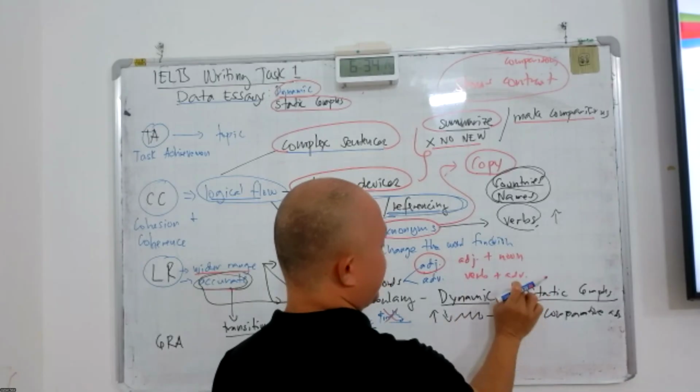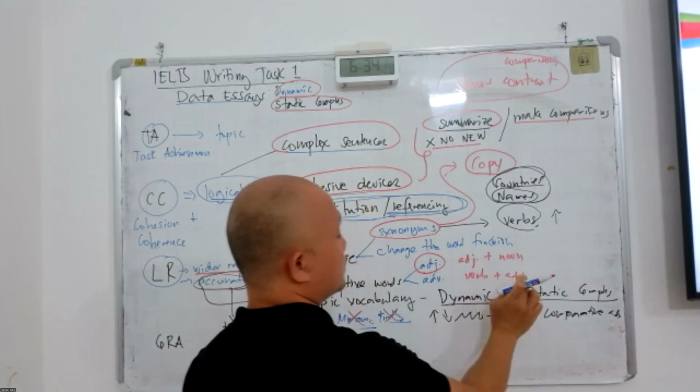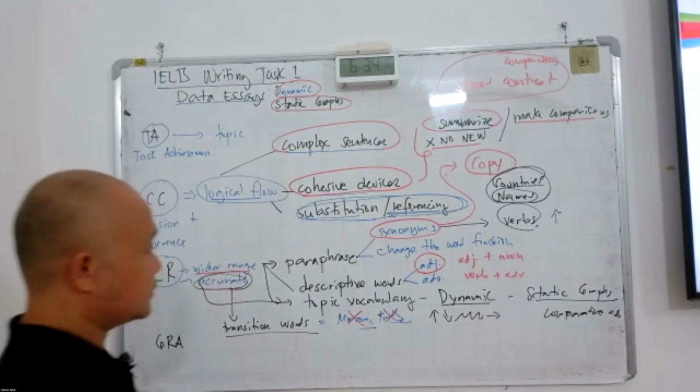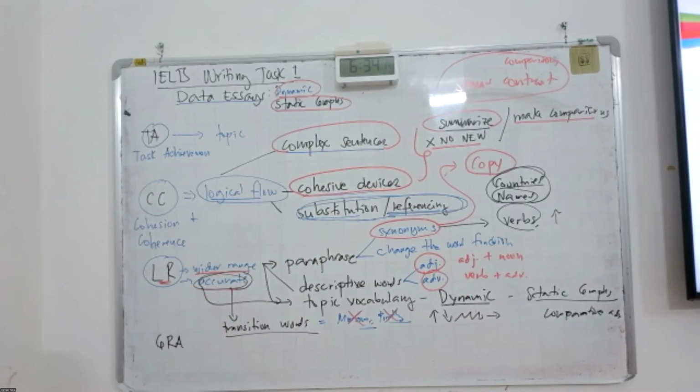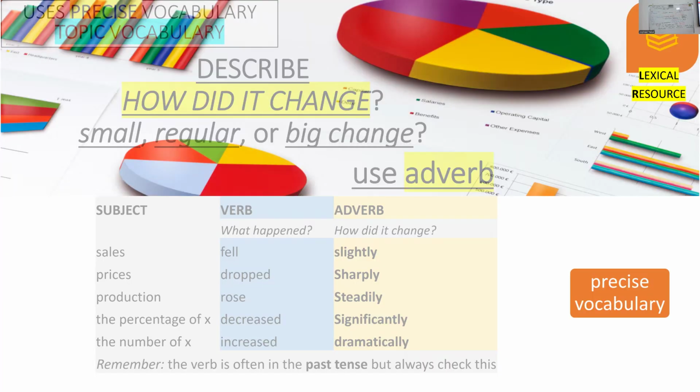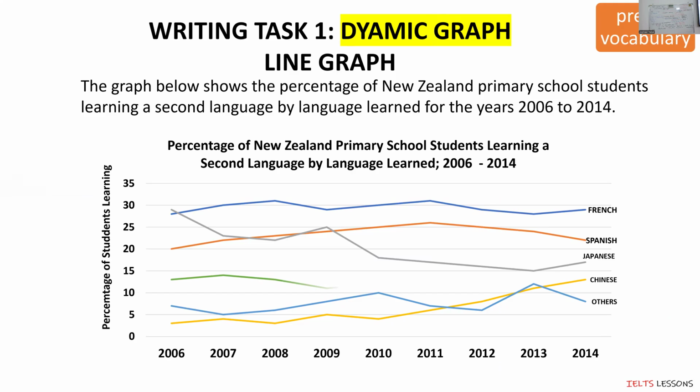For example, rise dramatically, fall slightly, etc. So this is what we mean by precision in vocabulary.